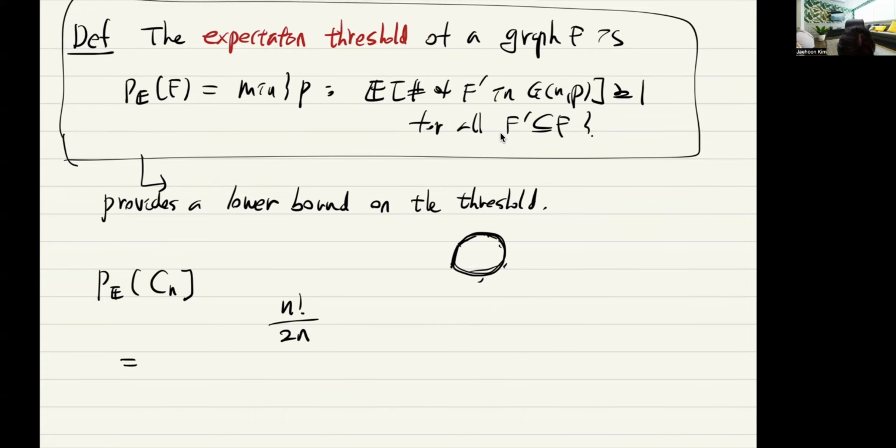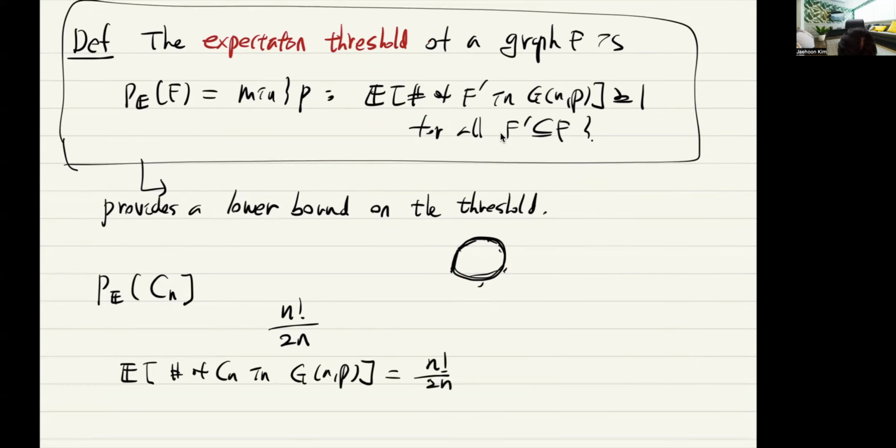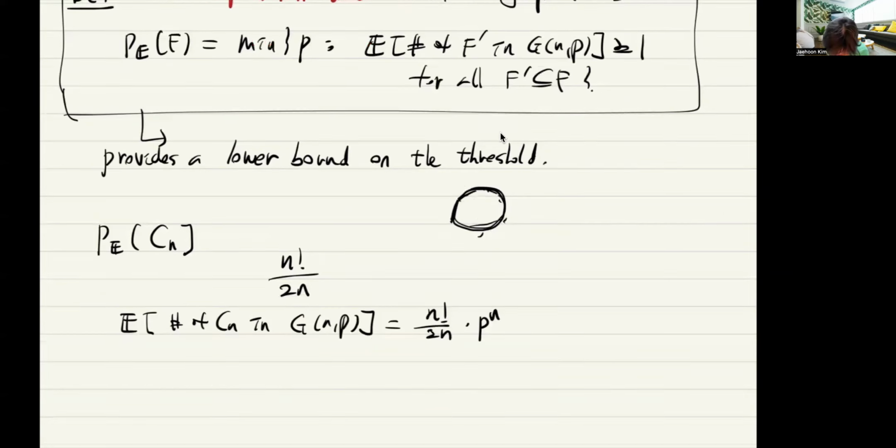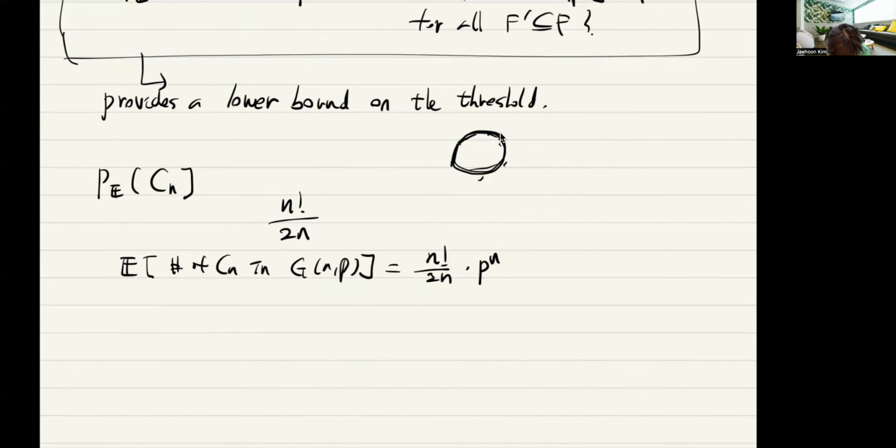What's the expected number of Cn in G(n,p)? Out of all of these, for each of them, the probability that it is chosen is p to the n. So you have this, and you want this to be 1.